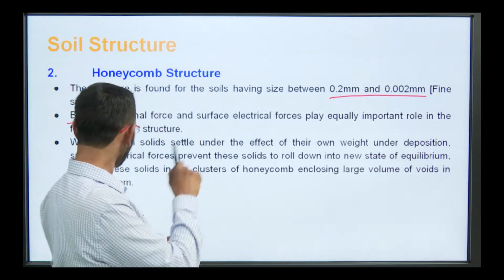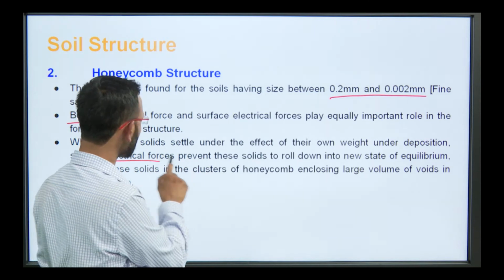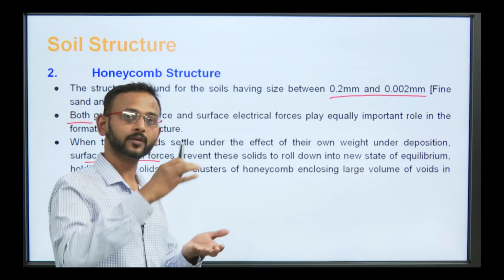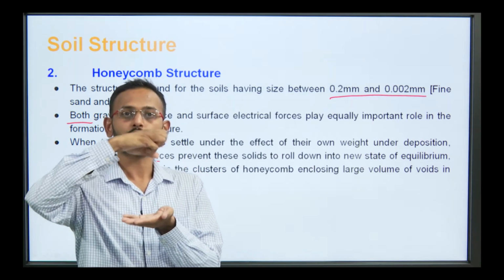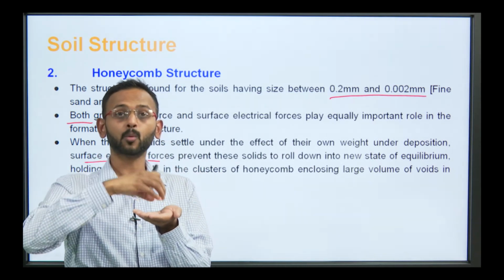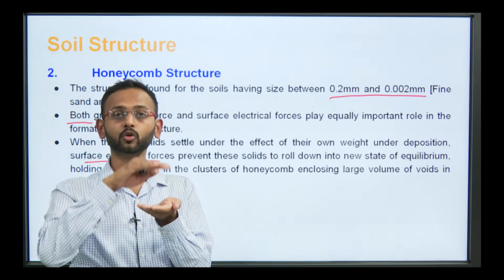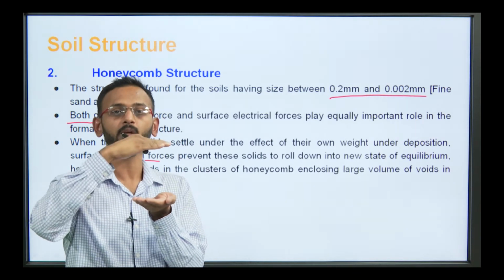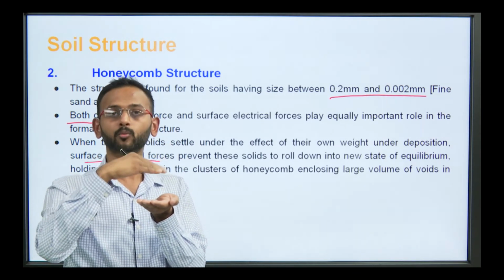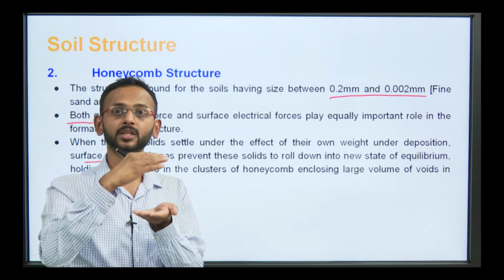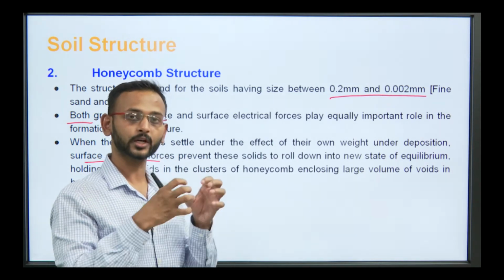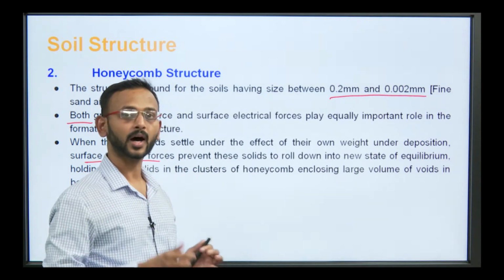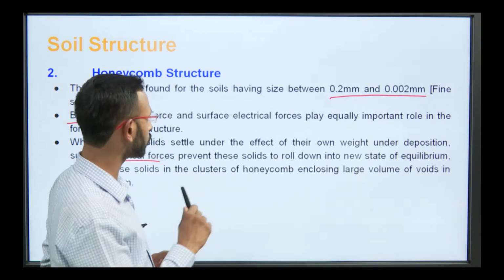The surface electrical forces prevent these solids from rolling down into a new state of equilibrium. They were going to settle according to the weight, one particle here, then another here, but the surface electrical charge is trying to prevent it. This surface electrical charge may be positive and the one above may be negative, or both may be positive, so they will be repulsing each other. So, instead of getting into a single grain structure, they will try to form some voids, and how they will be formed, we will be looking at.